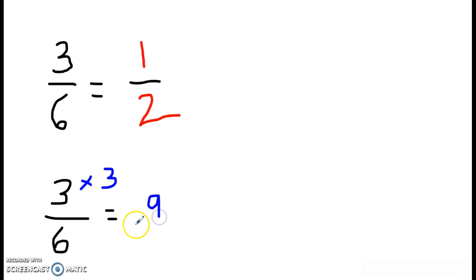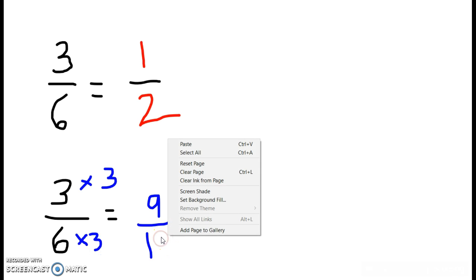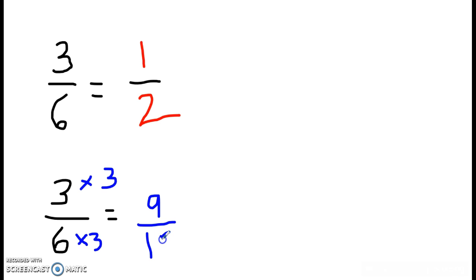Now, just like when we're doing the least common denominator, when you multiply the numerator, you also have to multiply the denominator in this case. So 3 times 3 is 9, so 6 times 3 is 18. So now I know that 9/18 is the same thing as 3/6, which is the same thing as 1/2. Those are equivalent fractions.